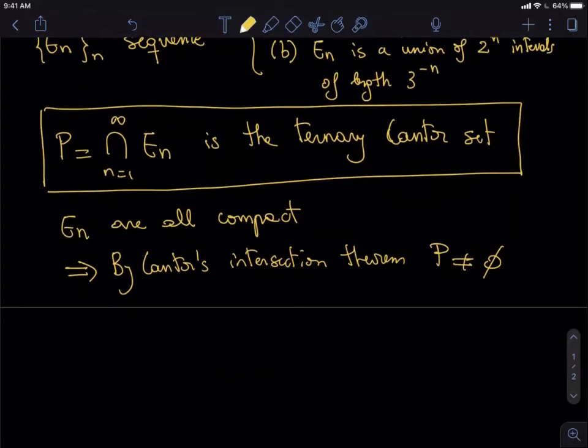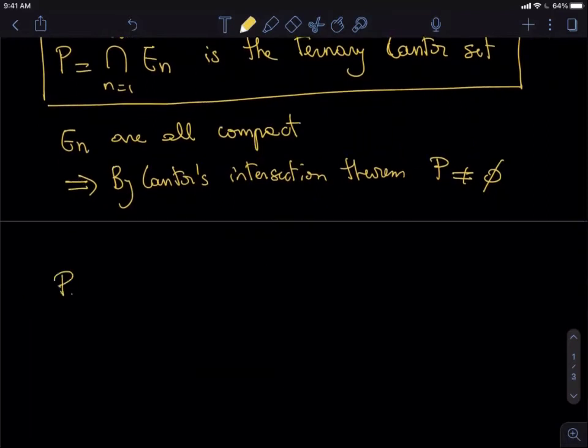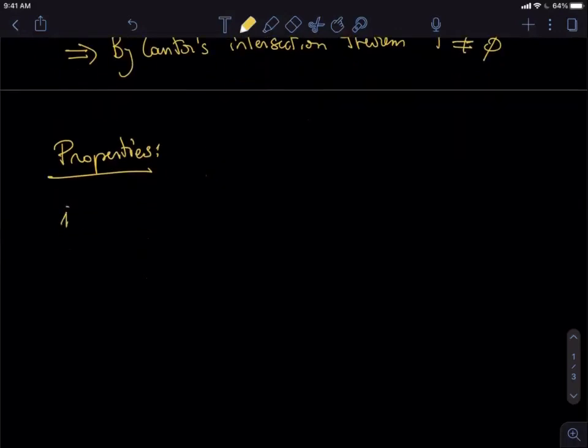So let's discuss some properties of the Cantor set. The first property that I have just mentioned is that P is compact.